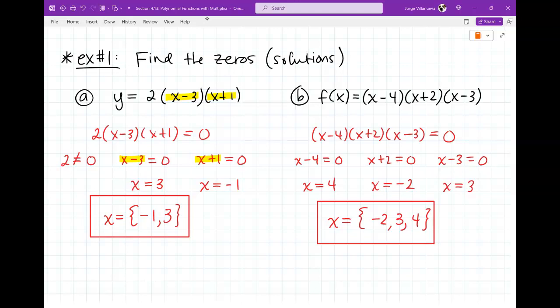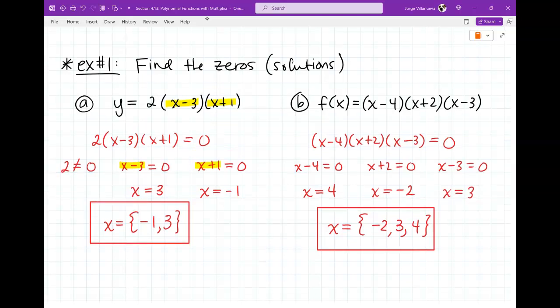But we normally don't say multiplicity 1. We only start at 2 and higher. But you could say it, odd multiplicity of 1. Look at the other answers, negative 2, 3, and 4. They came from here. What are the powers on these parentheses? 1s. So they're odd multiplicities, which means that if I were to graph, I would put little dots at negative 2, 3, and 4 on the x-axis, and the graph would cross through it.